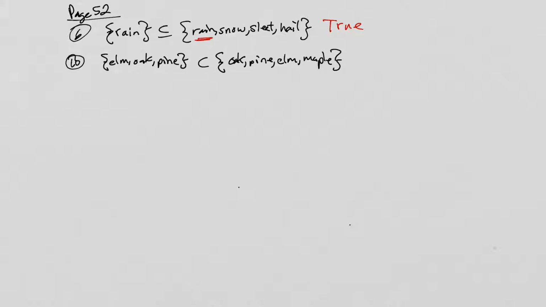Our set on the left has elm, there's elm, there's oak, and pine. So all the elements of the first set are included in the second set. That means it's contained and it's smaller. So this is definitely a proper subset.